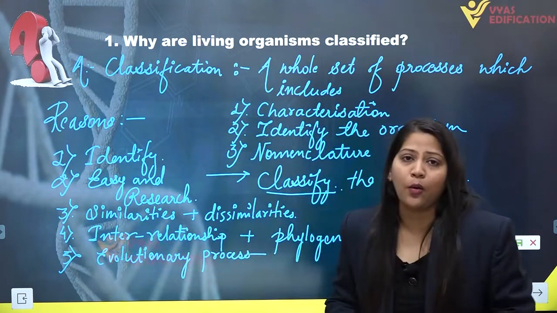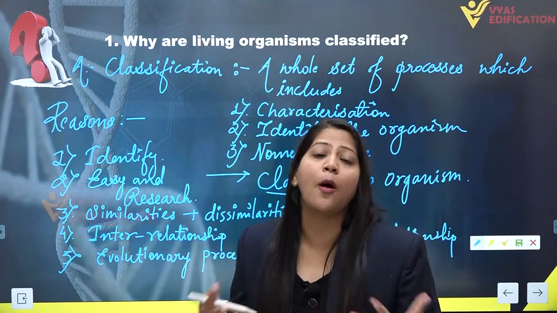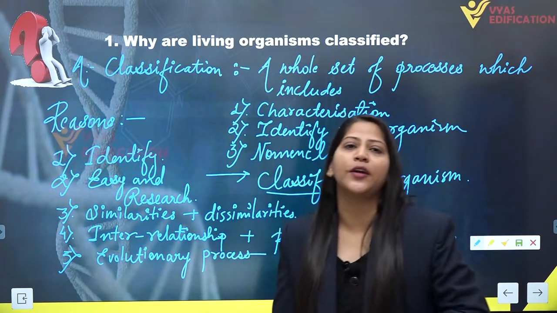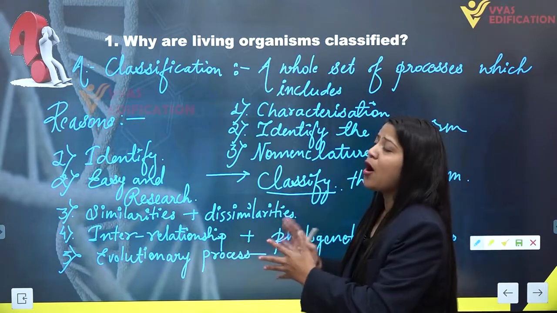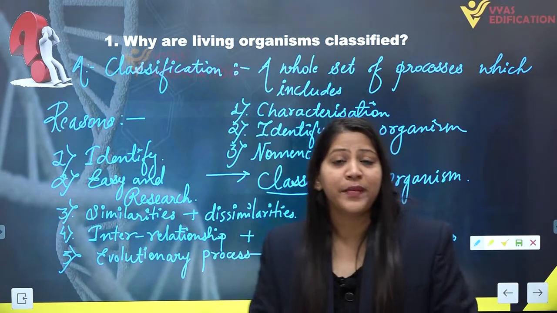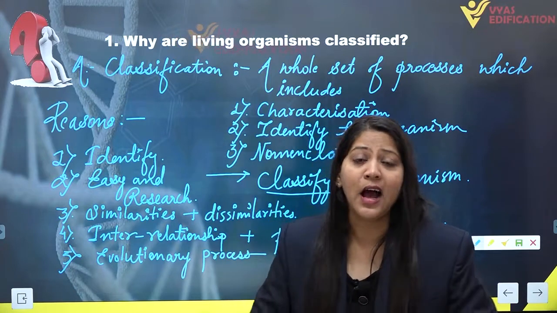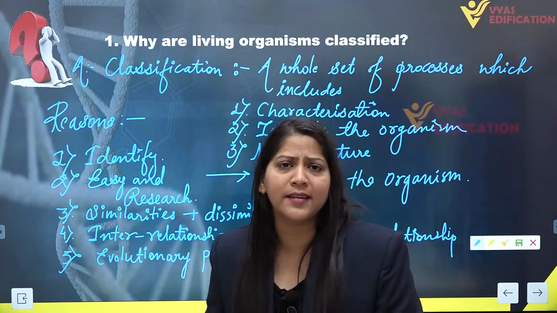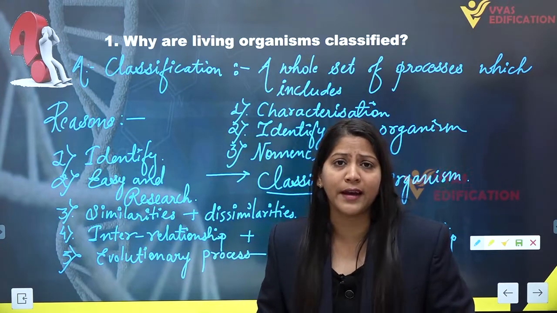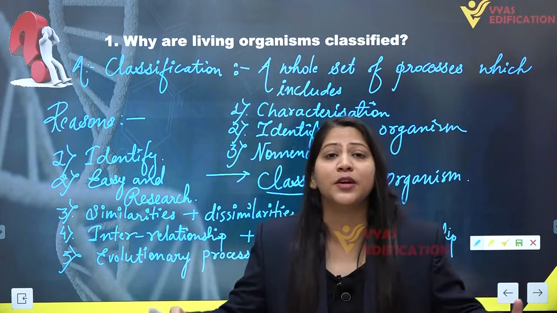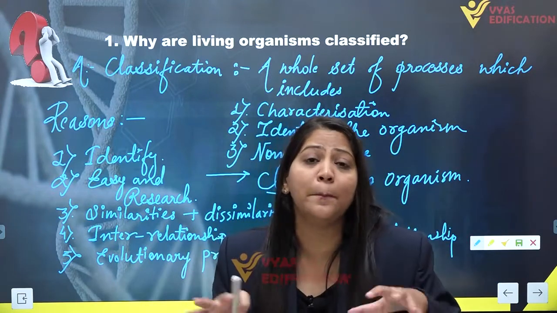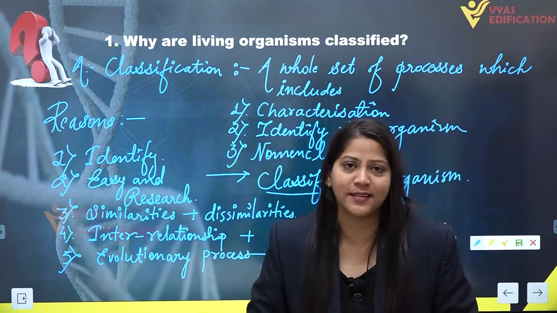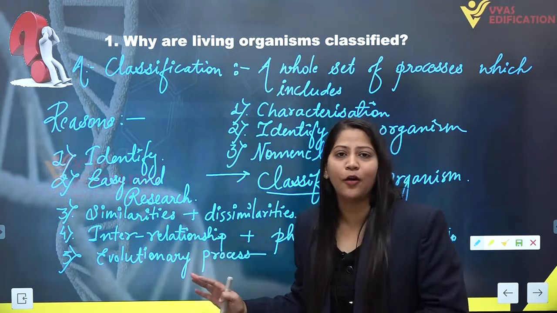And today we have the most complex, most advanced organisms, multicellular and eukaryotic. So the study of classification helps us to understand how we have evolved from simple unicellular prokaryotic organisms. This sets the basis to understand how evolution takes place. This is the complete answer of this question.